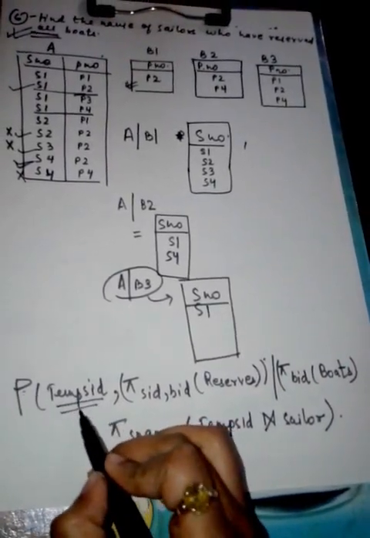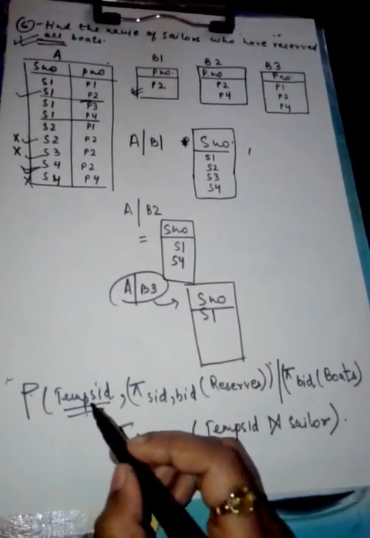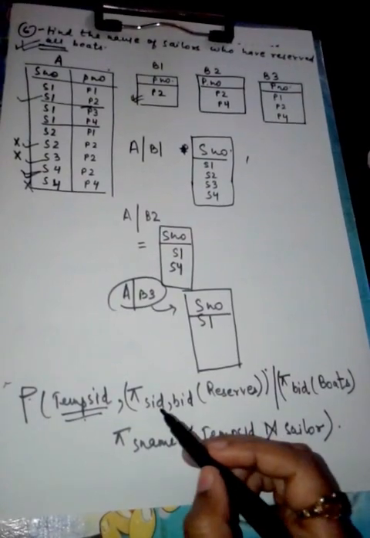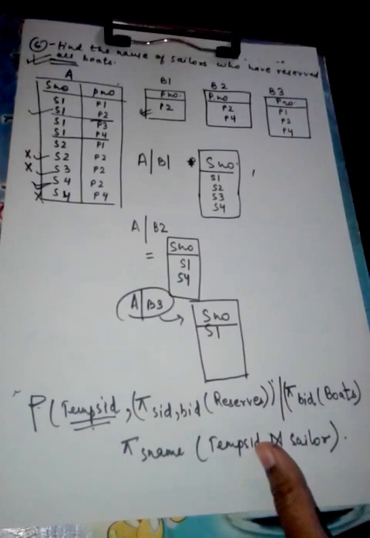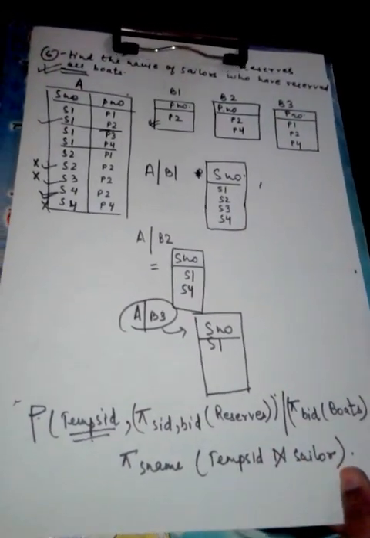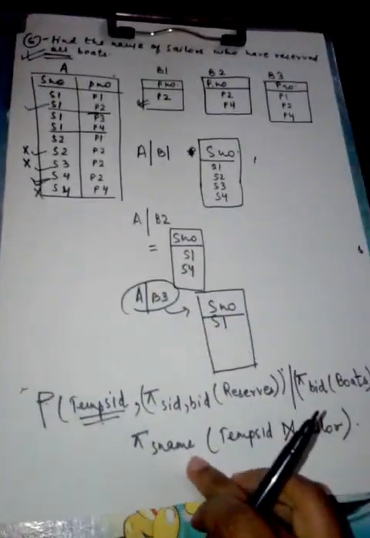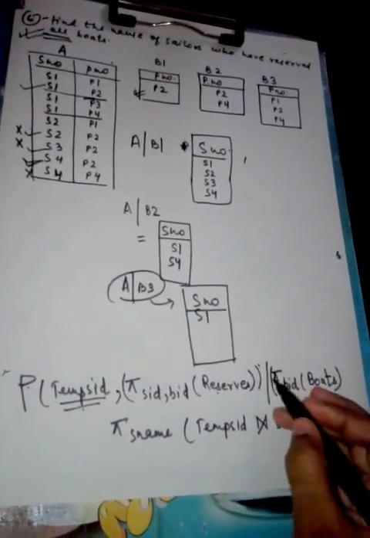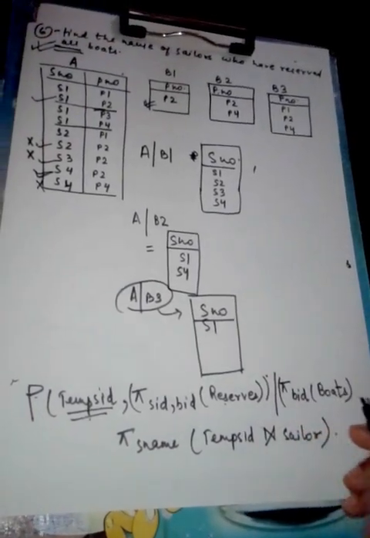We take the name temp seller ID for representing this rename operation, which contains seller ID and boat ID from the reserve table. Here we perform a division operation which projects boat ID from the boat table.